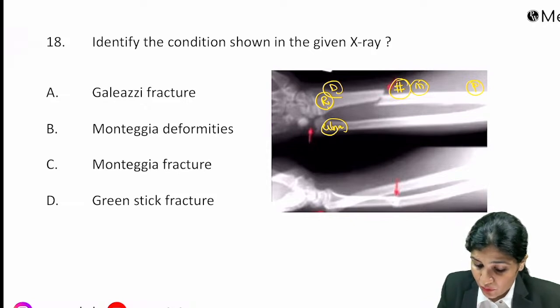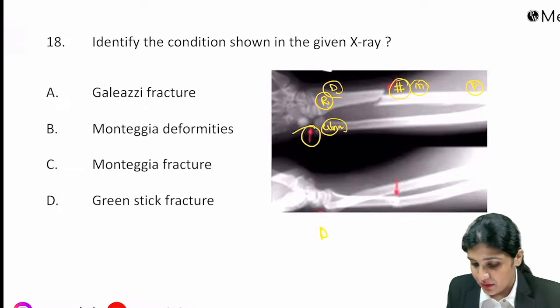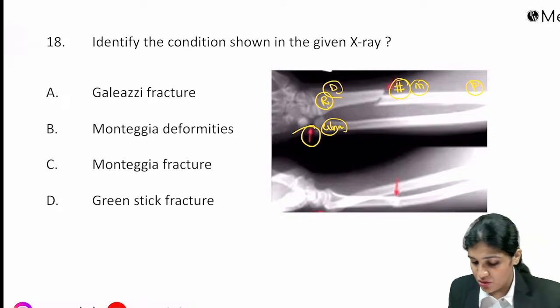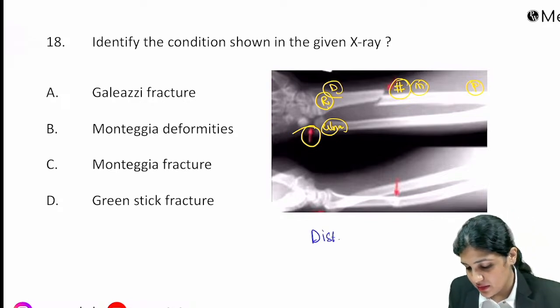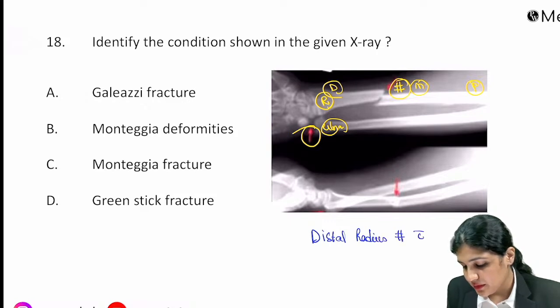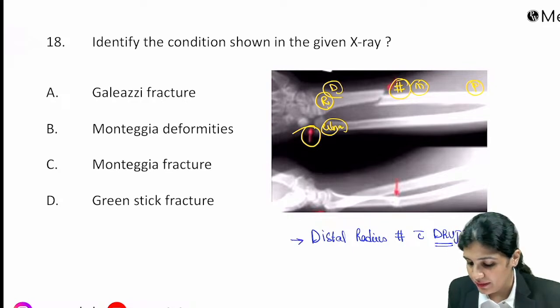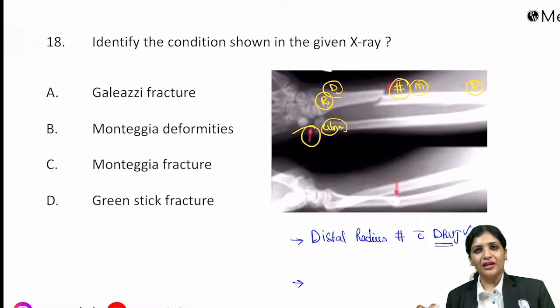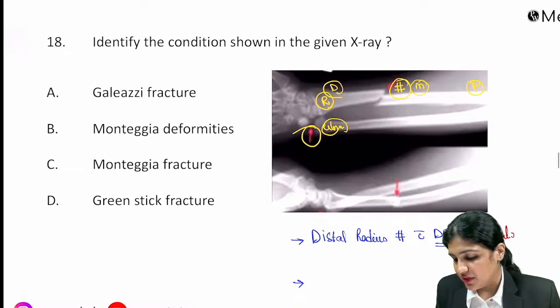And here they have already shown one more arrow, that is there is a disruption of the distal radio-ulnar joint. So there is a distal radius fracture with DRUJ, that is the distal radio-ulnar joint. And now you have to answer this as which type of fracture? The Galeazzi fracture, right?